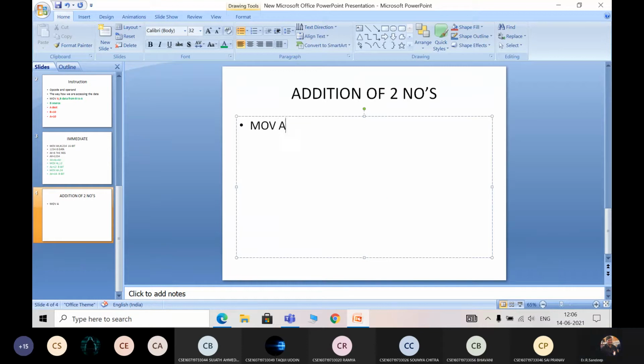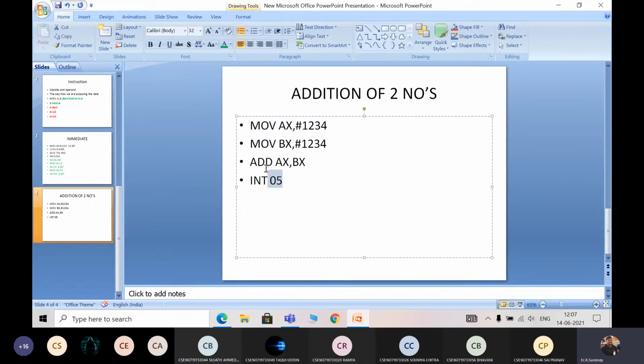MOV AX, #1234, and move one more register, MOV BX, #1234, and ADD AX, BX, and to stop this program you will have INT 05. So this is the program in 8086 microprocessor assembly language.